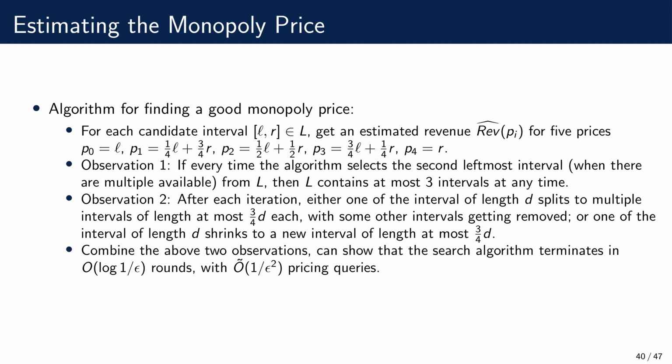Combining these two observations, the first says that the number of candidate intervals does not explode, and the second says that the length of the largest interval is shrinking. Plus some further analysis, we can show that the search algorithm terminates in log 1 over epsilon rounds.